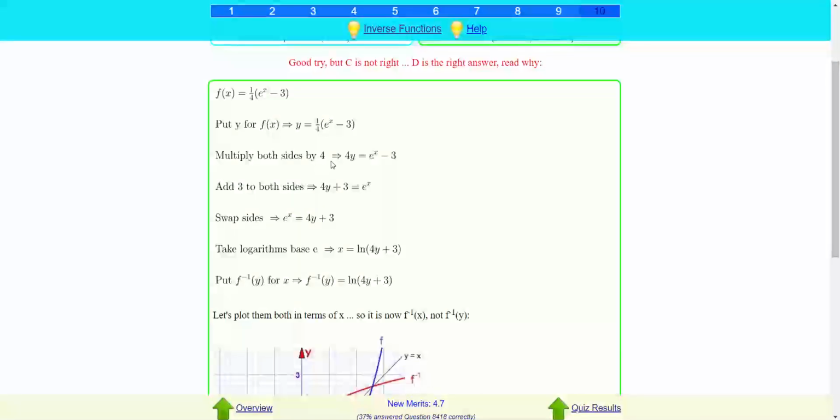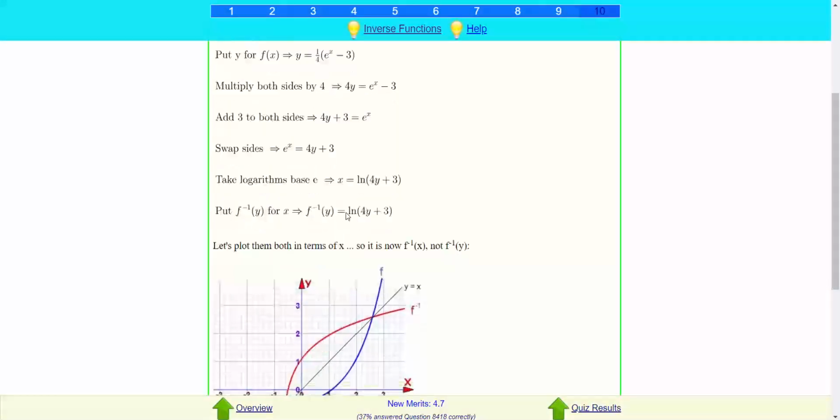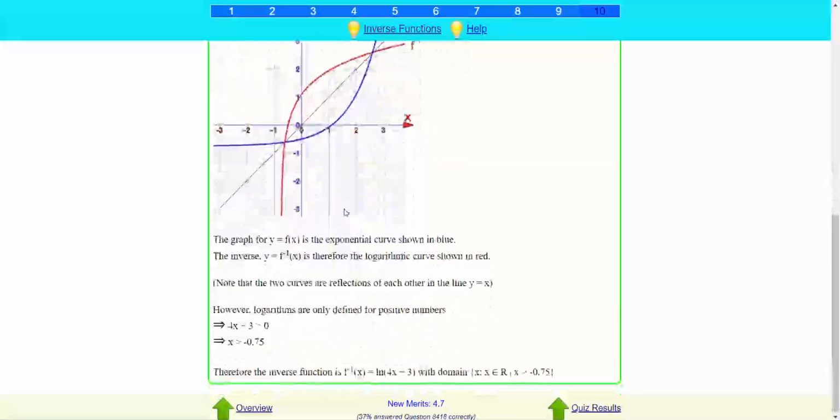Okay, so I've solved for this for y plus 3 equals e to the x. Then you apply the ln to get rid of the e to the x. Then you could do ln plus 3, that's the x. Now you plotted those graphs. However, logarithms are only defined for positive numbers.